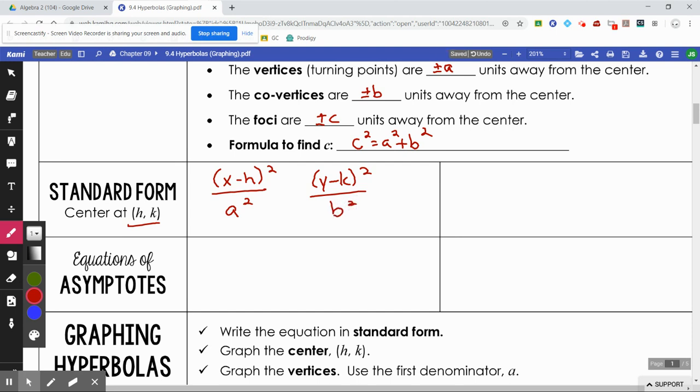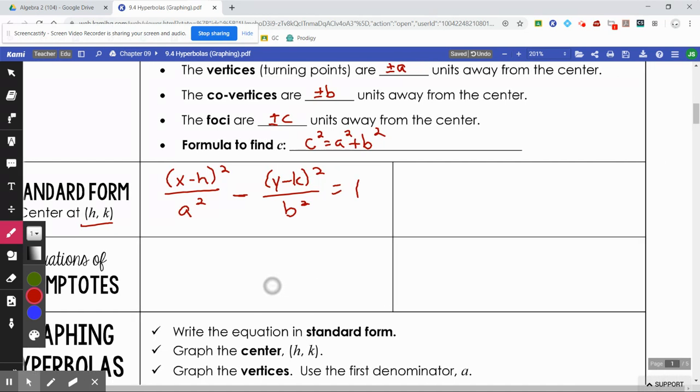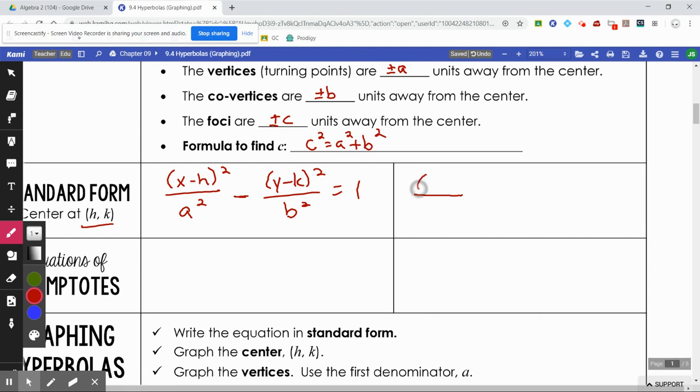The only difference is that with an ellipse you had a plus sign there, equals 1. With a hyperbola, the only difference is there's a minus sign. So therefore, this would be a horizontal hyperbola. And the way that you're going to be able to tell if it's horizontal versus vertical, because they're going to be very similar, is going to be this.